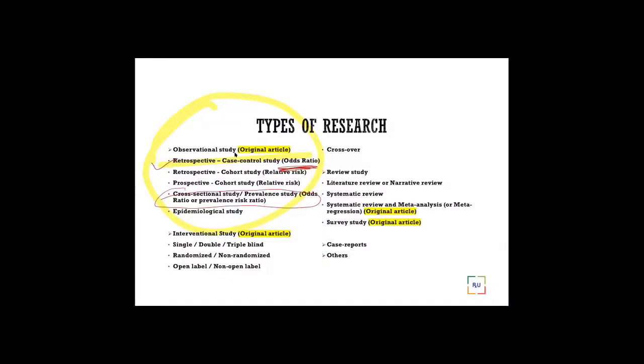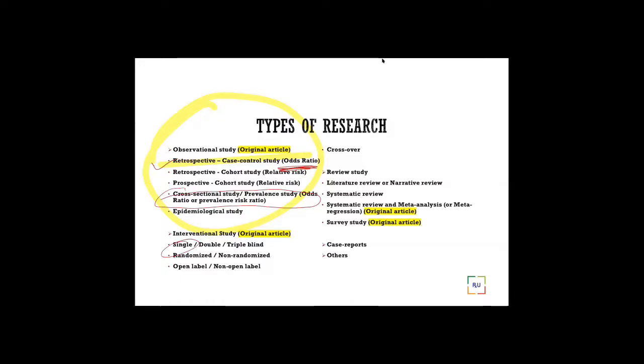Double blind means the patient is not aware, and the doctor is also not aware of what he is giving. A standard computerized system generates the code, which decides which patient will receive the intervention medicine and which will receive the placebo. Everything is decided by the system-generated codes.